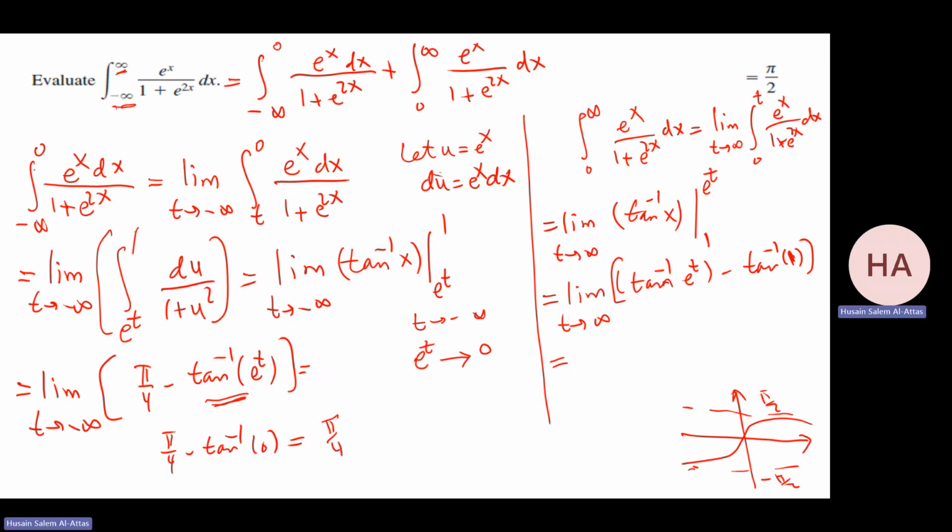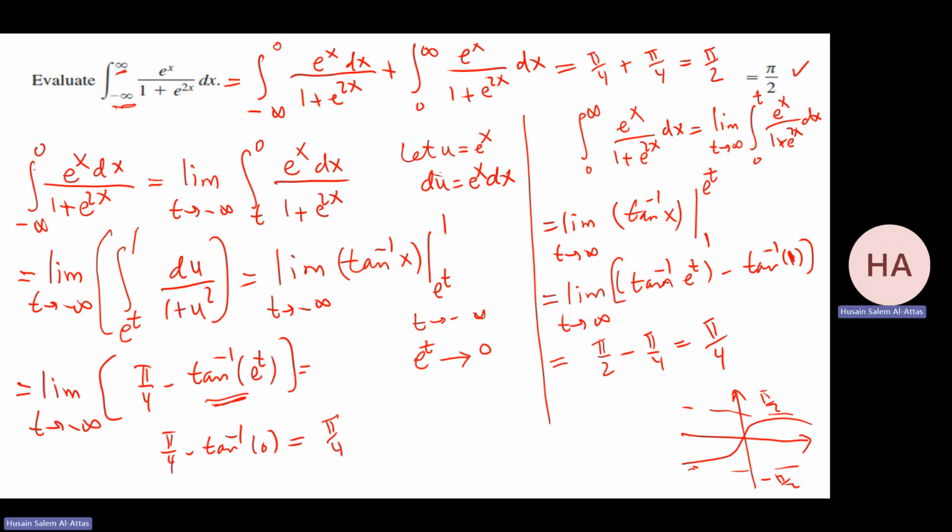Sorry about that. Don't rush it. Now this one is tan inverse of e to the power infinity, which is infinity. So that will be tan inverse of infinity, which is pi over 2. So that will be pi over 2 minus pi over 4. So the answer is pi over 4. So this integral is pi over 4 plus pi over 4. And that will be pi over 2.